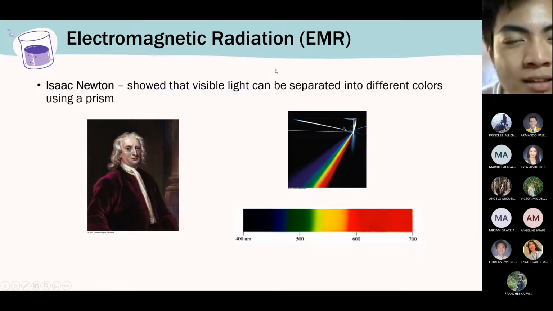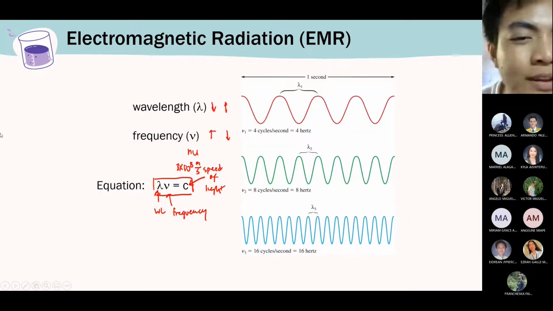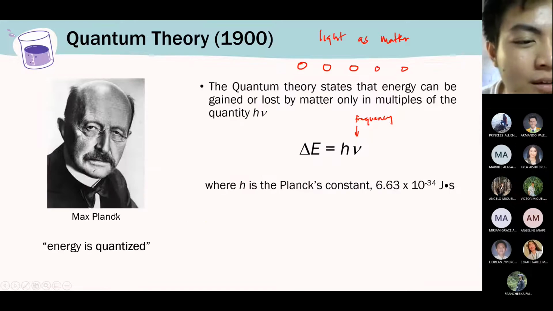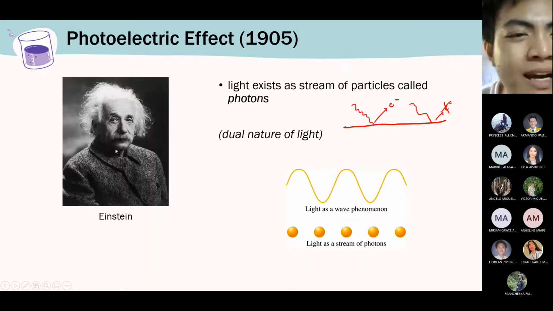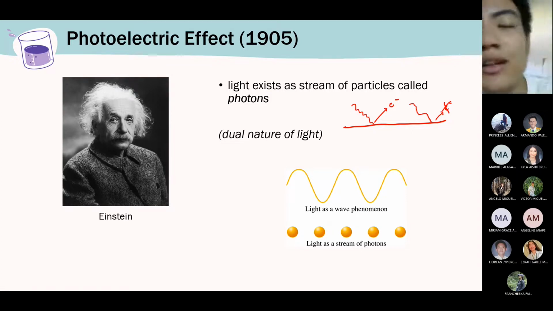That's why we have this term called spectra. And then we have Max Planck, who theorized that light can behave as matter, and the energy can be calculated using this equation. And then we have Einstein, who gave us a valid proof that light can really behave as matter.